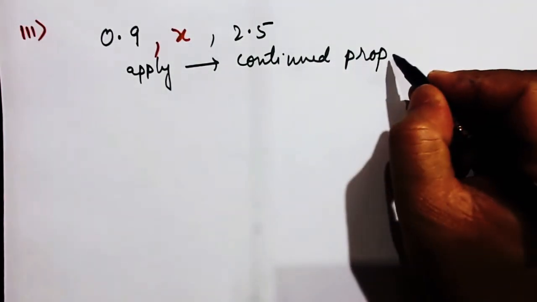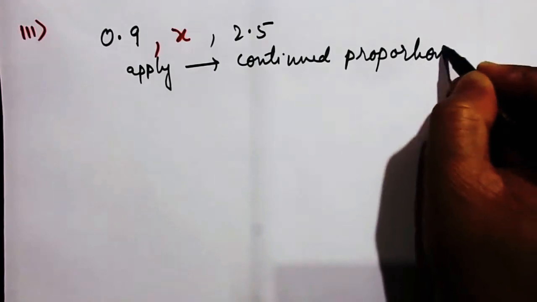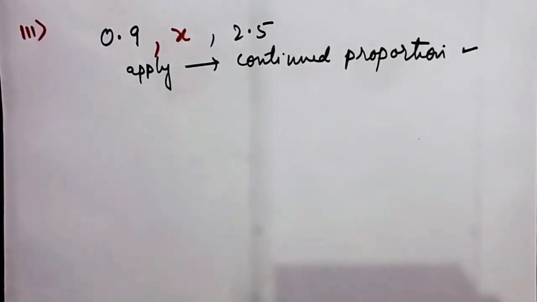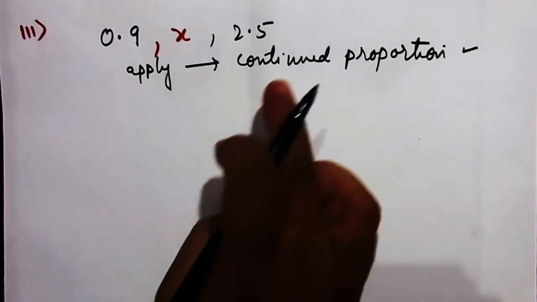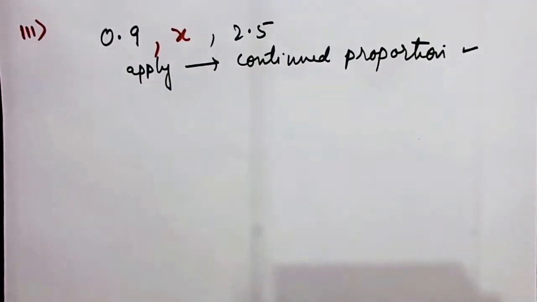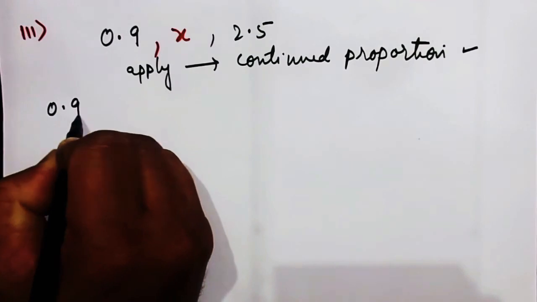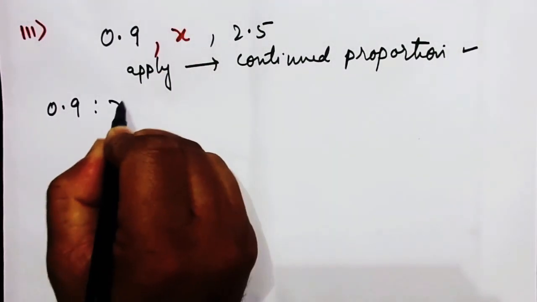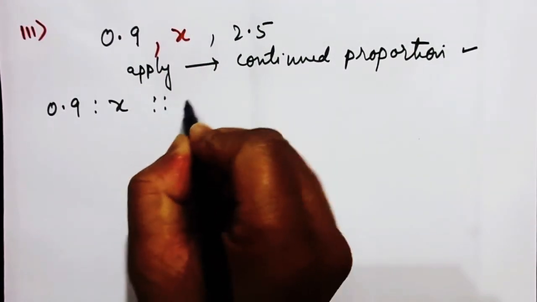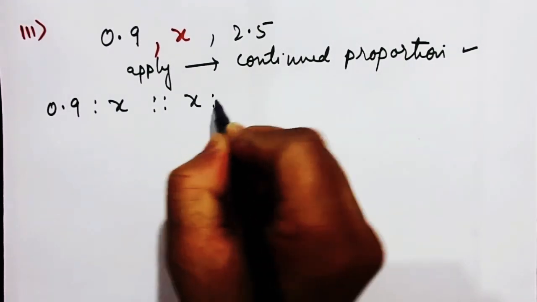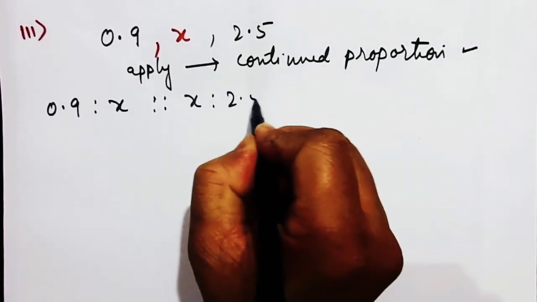And we know proportion, I repeat so many times that till now you all have learnt it. So when you apply continued proportion, the same thing, the ratio of the first and the second will be in proportion to the second and the third, 2.5.